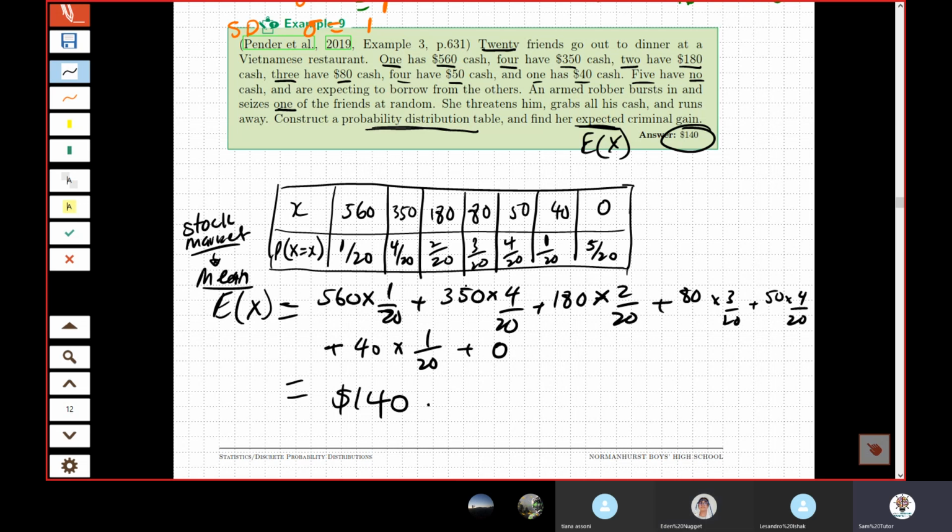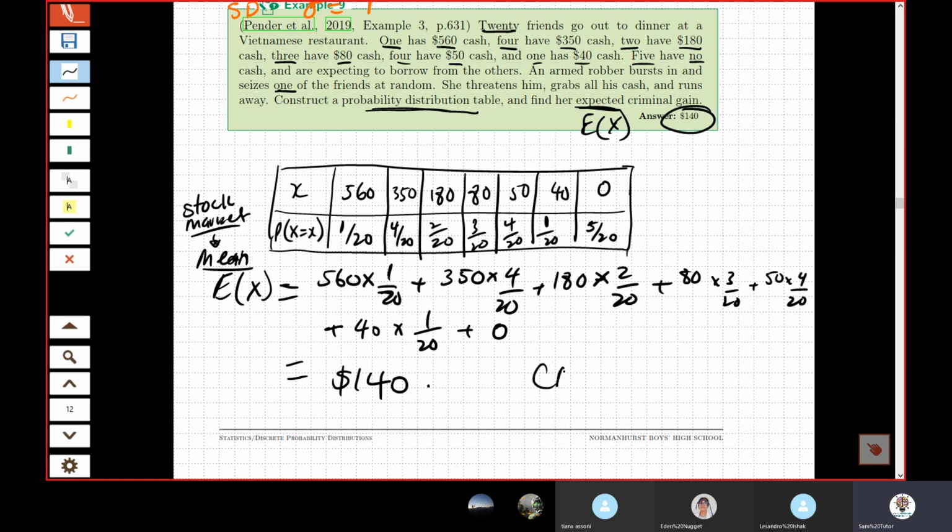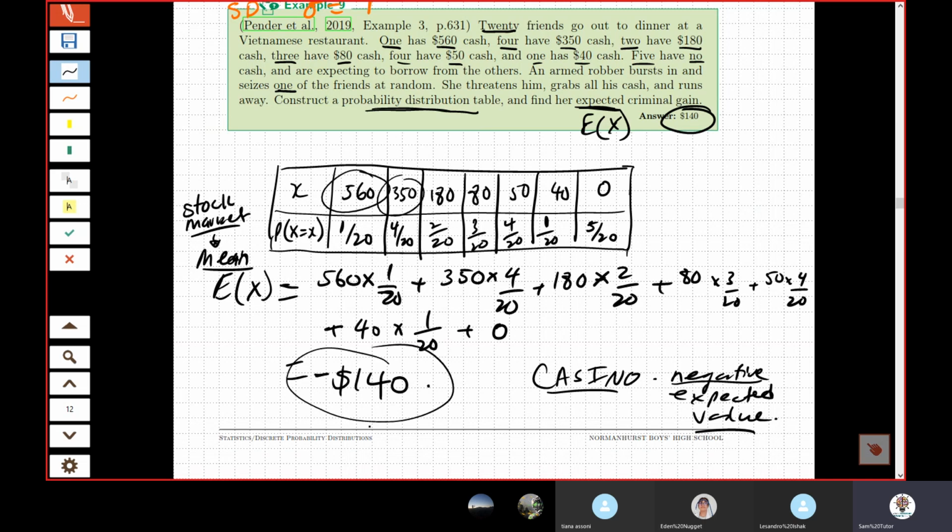But anyways, in casinos, in fact, if you want to think of another game, all the games there have negative expected value. So they're all calculated to have negative return. So the fact that you're going to play, even if you think you're going to win, by the time you play, this value here is actually negative.